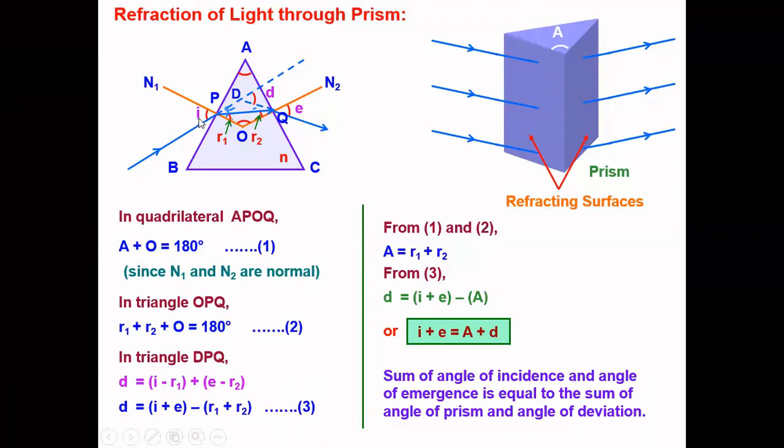So if we take a graph for different angles of incidence and different angles of deviation, let's see how it will be. If I take the angle of incidence on the x-axis, and the angle of deviation on the y-axis, we'll get a graph like this.